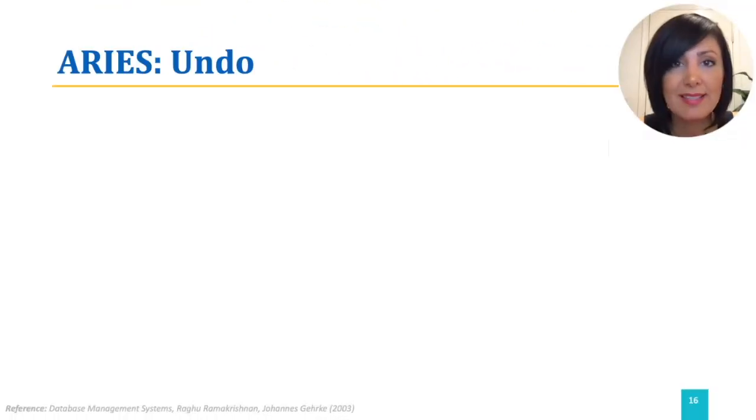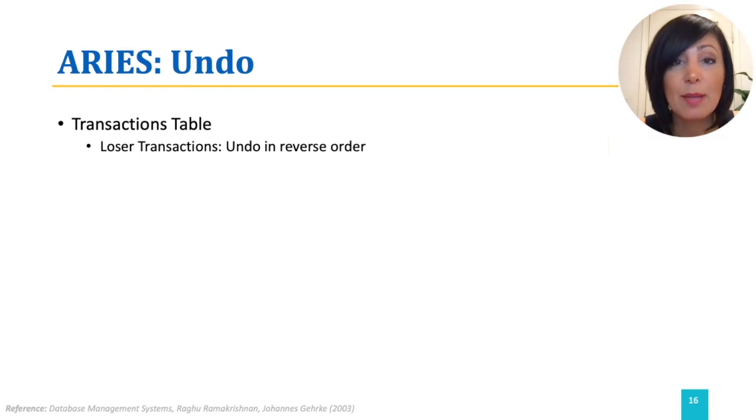The undo phase begins with the transaction table. Transaction table includes the transactions that were active at the time of the crash. These transactions are called loser transactions because they are aborted and should be rolled back. The actions of loser transactions are undone in the reverse of the order they appear in the log.